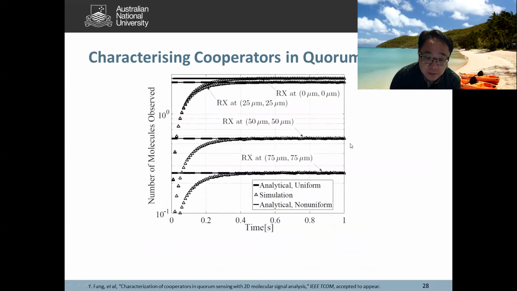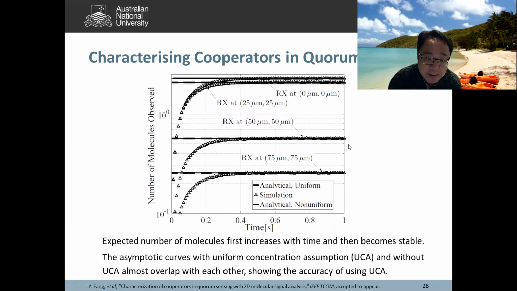And in terms of the numerical results, we plot the number of molecules observed as the time grows. Here we find that the expected number of molecules first increases as the time increases, and then becomes stable. This is expected in terms of quorum sensing. Then here we show two types of analysis.